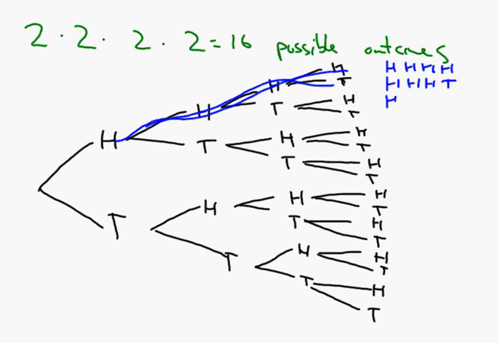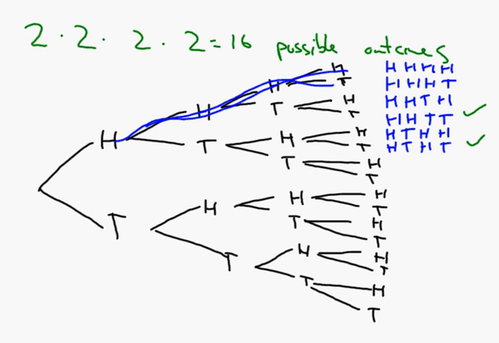The next one's going to be heads, heads, tails, heads, heads, heads, tails, tails. Here's your first success right here. That's at least 2 tails. All right. Let's go down here. We have heads, tails, heads, heads, heads, tails, heads, tails. There's another success.